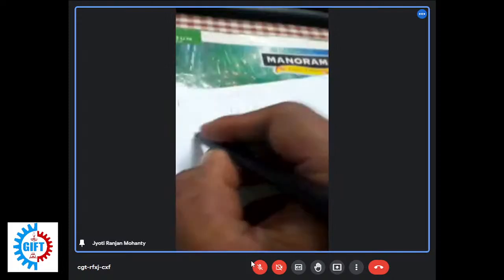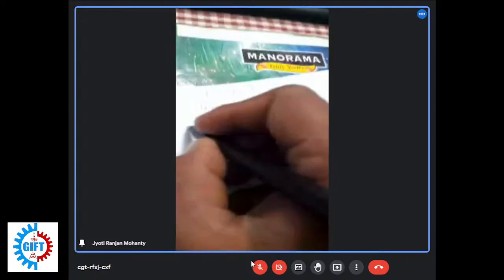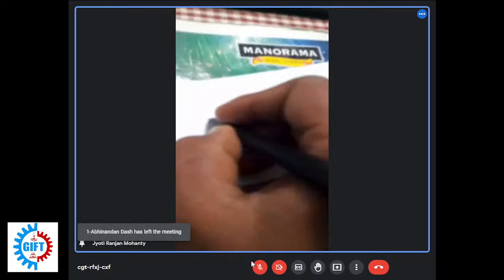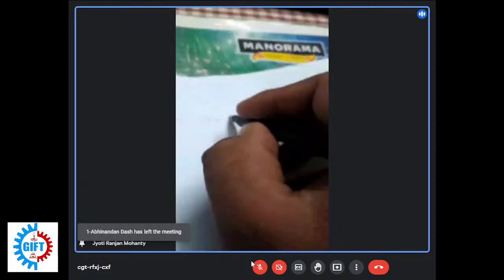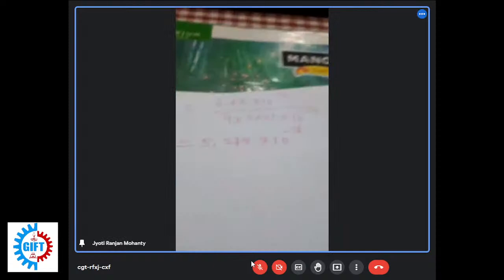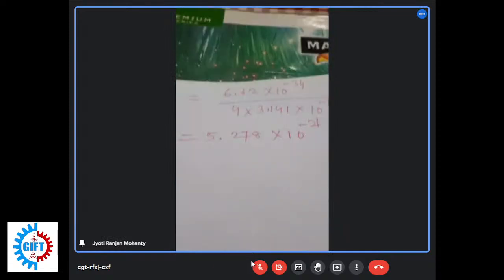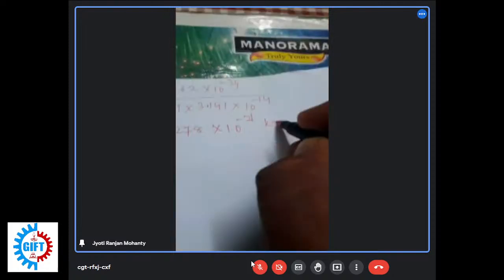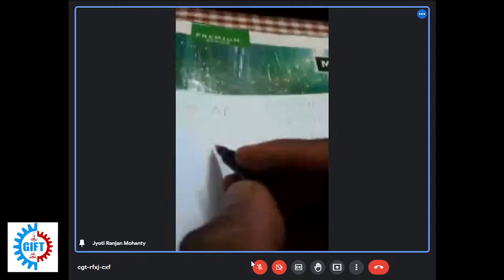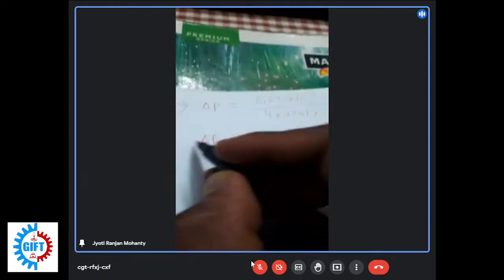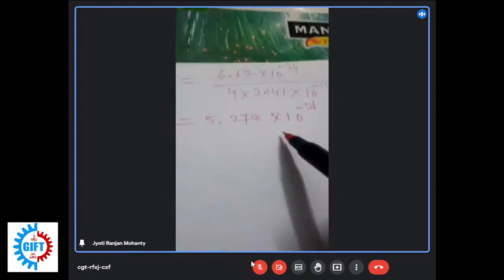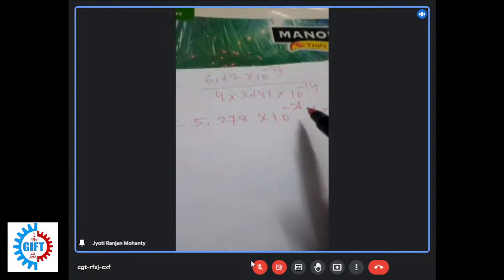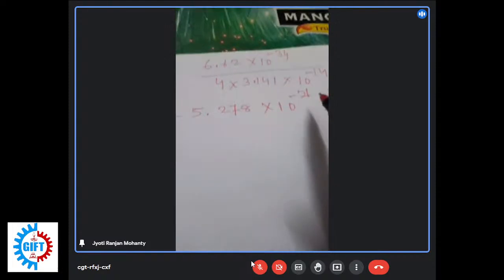If you calculate, you can find this is equal to 5.278 into 10 to the power minus 21 kg meter per second. So we got del P is equal to 5.278 into 10 to the power minus 21 kg meter per second.